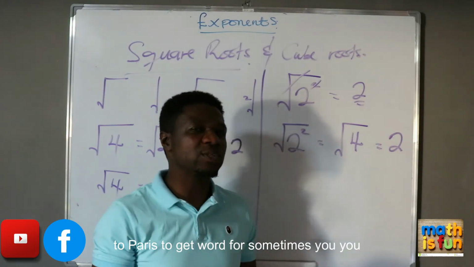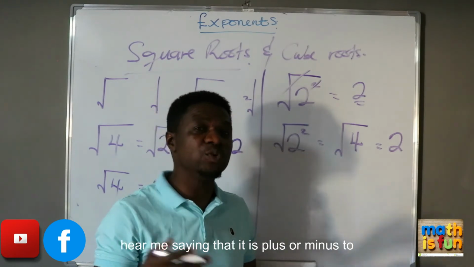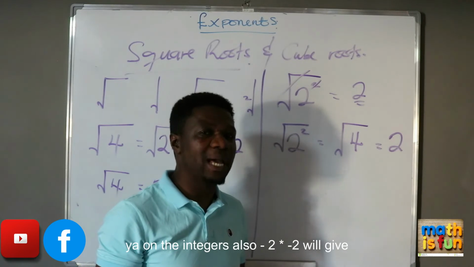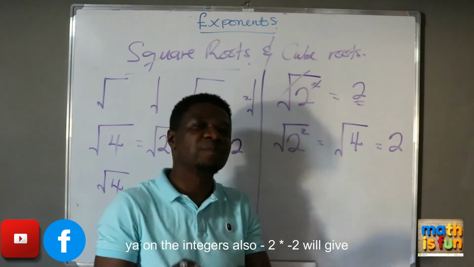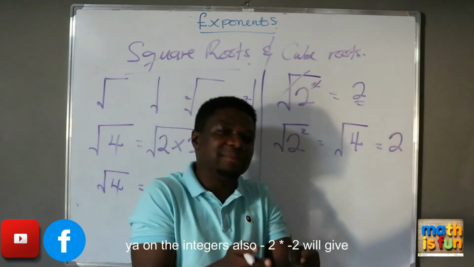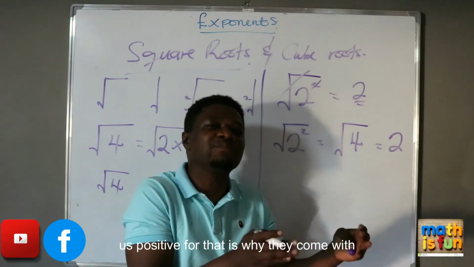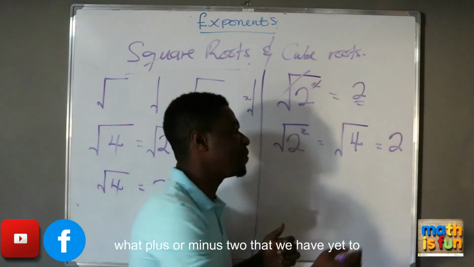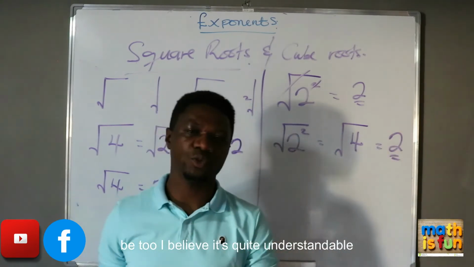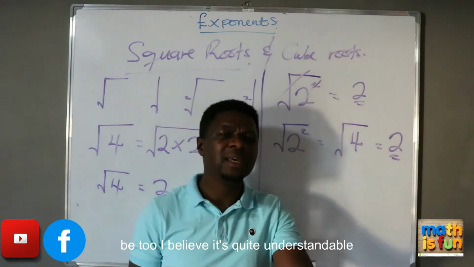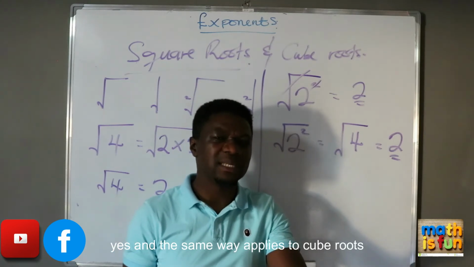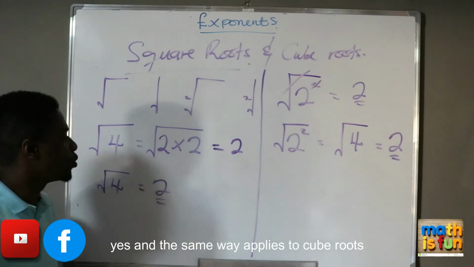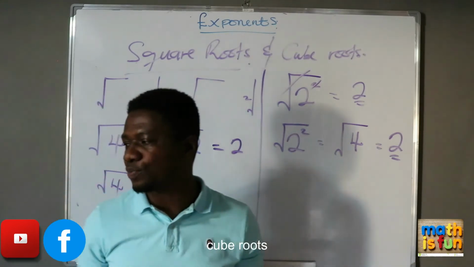And under integers also, sometimes you hear mathematicians saying that it is plus or minus 2. Under integers also, negative 2 times negative 2 will give us positive 4. That is why they come with plus or minus 2. But we have here to be 2. I believe it's quite understandable. And the same way applies to cube roots.